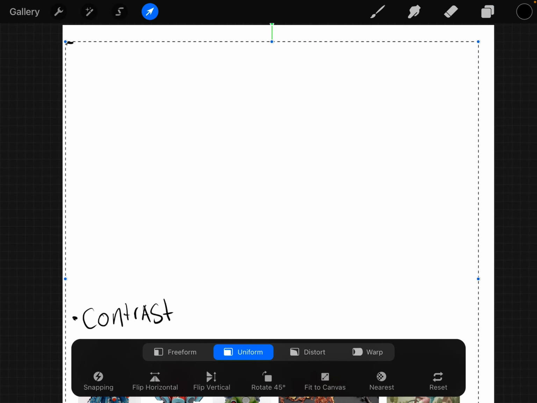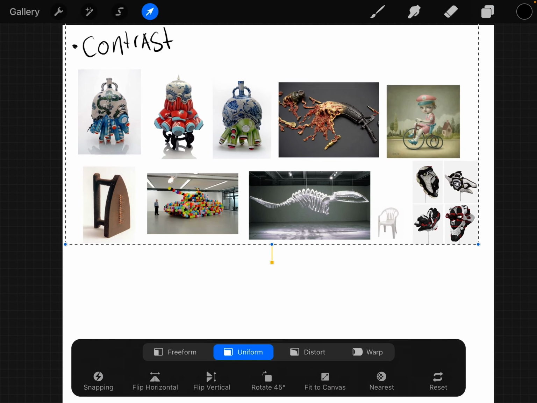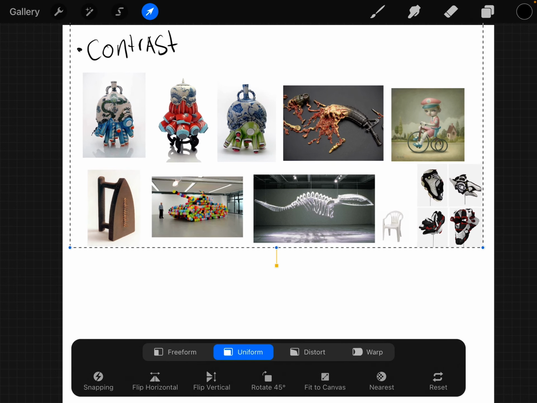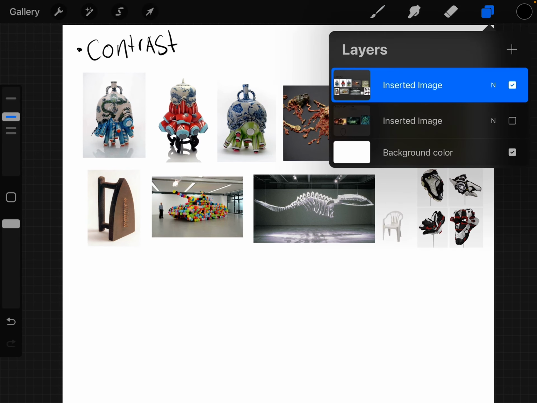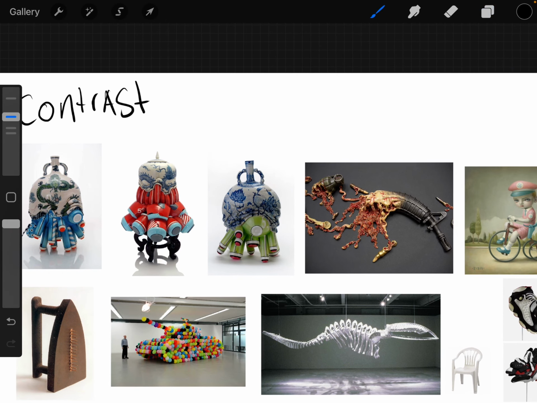Now, the last one I want to talk about is this one, and this one is, I think, maybe one of my favorite ones. It's going to be called contrast, right? Now, contrast is basically what I want you to think about is things that are opposite things, right?